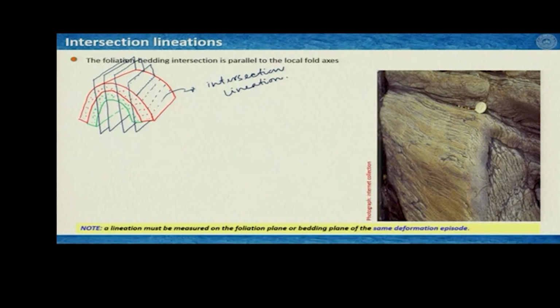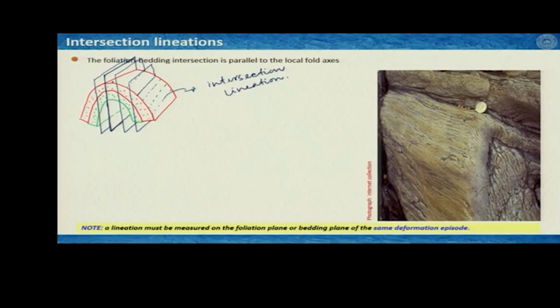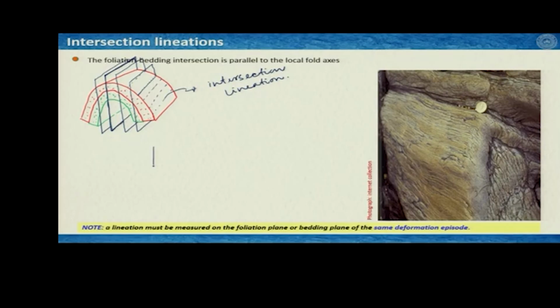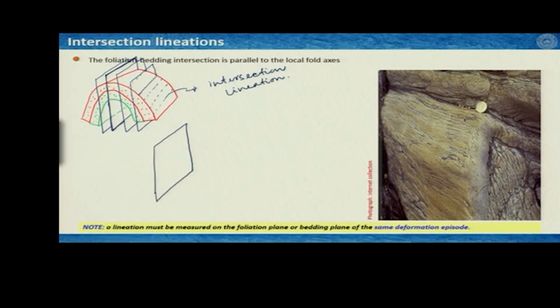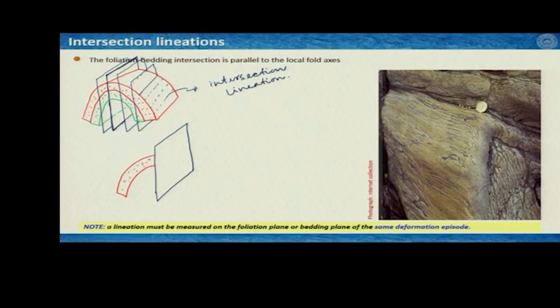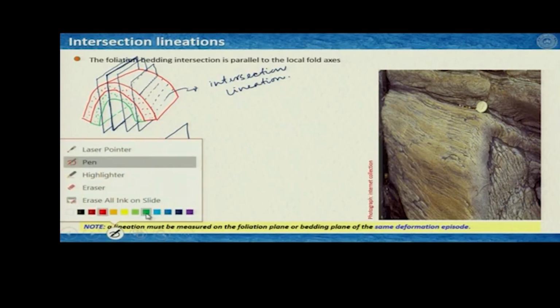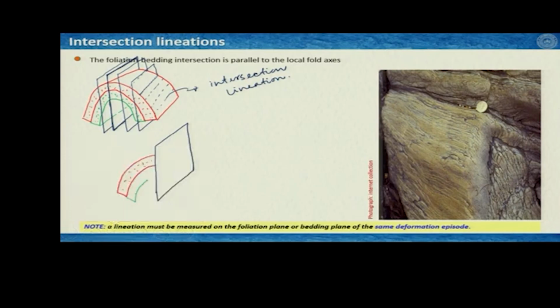Now, if I take, for example, this plane and cut it in halves, it should look like this: I have this plane here, the same plane, and then I have this red layer folded, and of course, I also have the green layer folded.